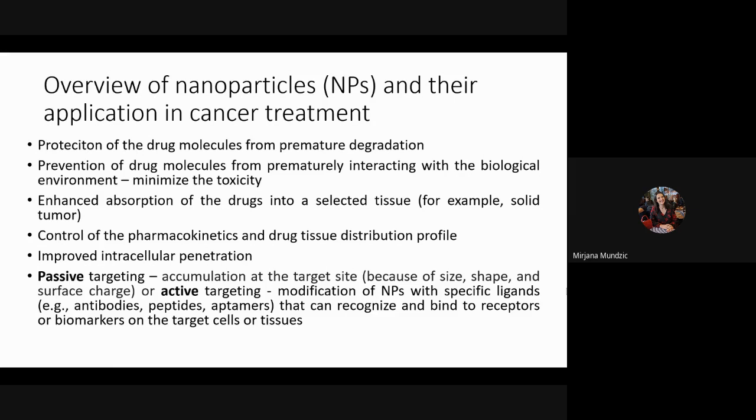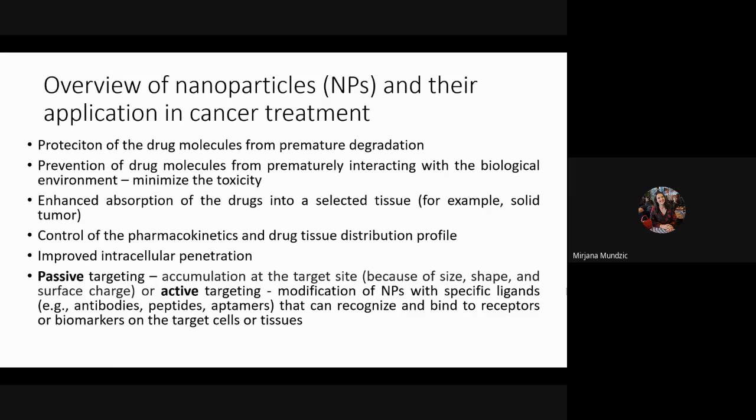It also prevents the drugs from prematurely interacting with the biological environment, which means that their toxicity is minimized. The intracellular penetration can be improved in this manner of using nanoparticles as a drug delivery system. And there is the possibility for passive and for active targeting.